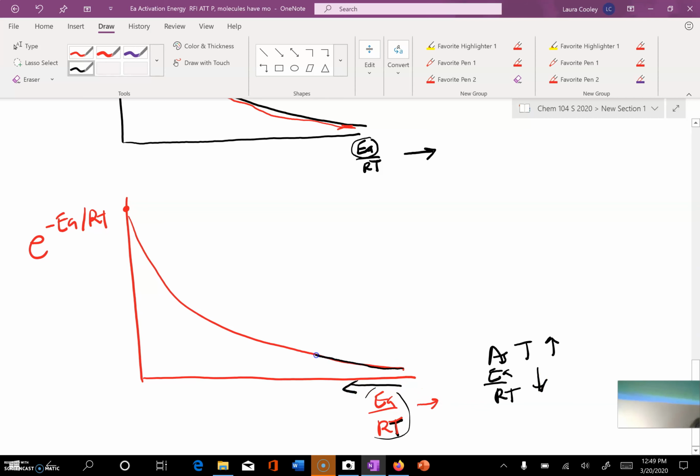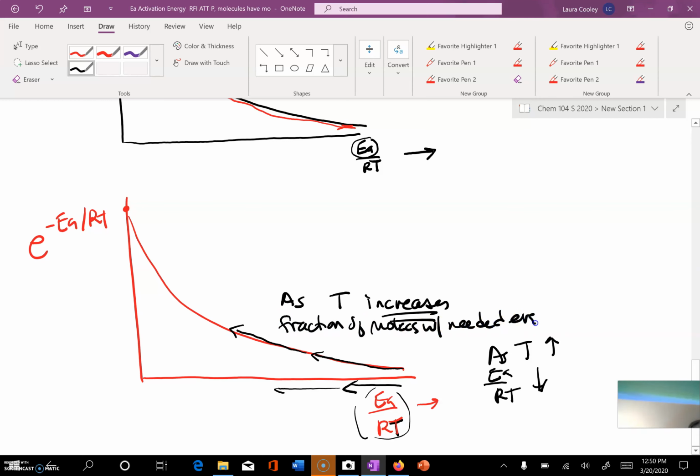We will really be going up the curve. So as the temperature increases, the fraction of molecules with the needed energy goes up, because we're going in this direction and the graph is going up.